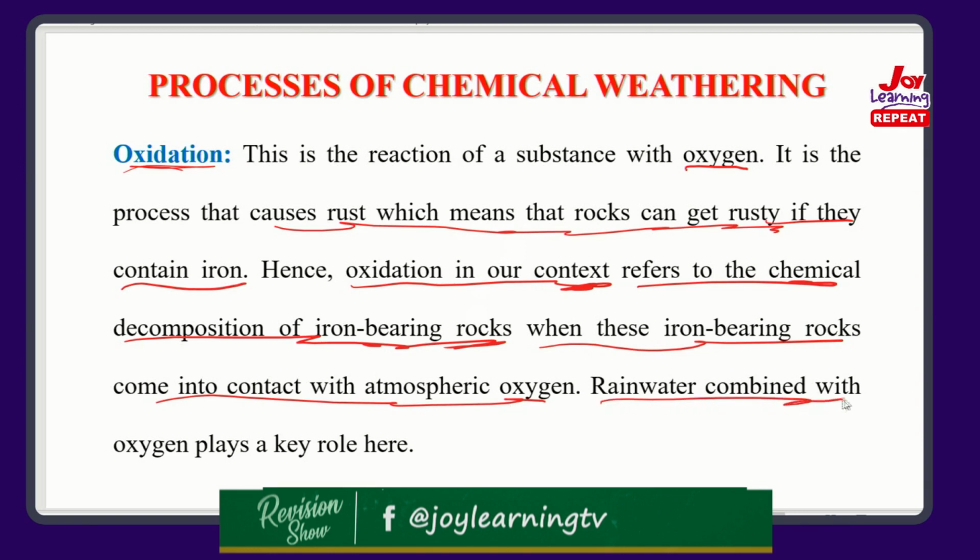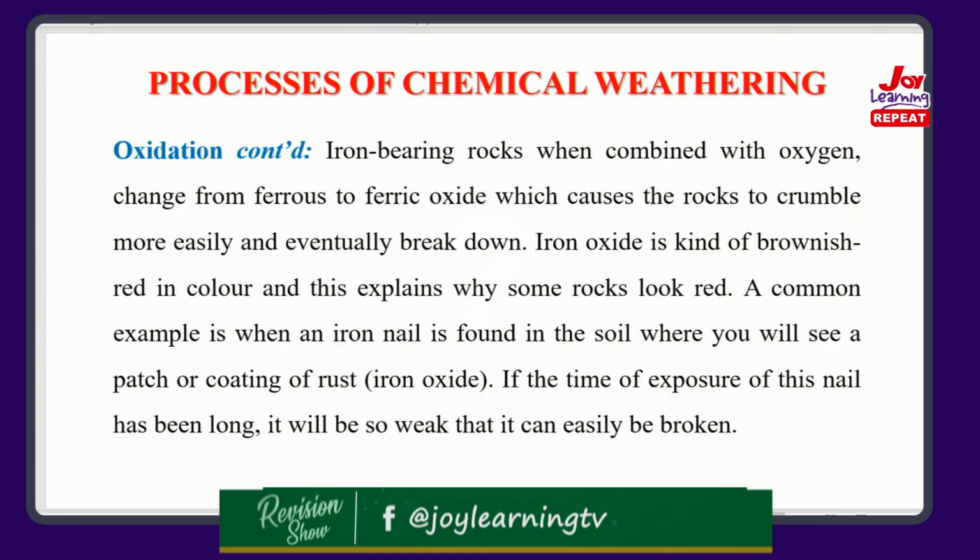Rainwater combined with oxygen plays a key role. Is that okay? Good. So on oxidation, iron-bearing rocks, when combined with oxygen, change from ferrous to ferric oxide, which causes the rocks to crumble more easily and eventually break down.